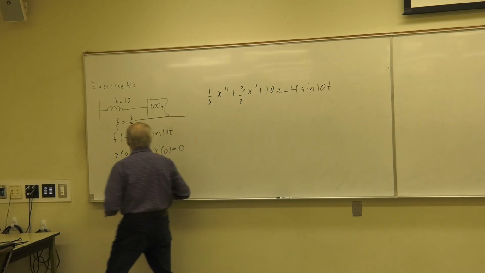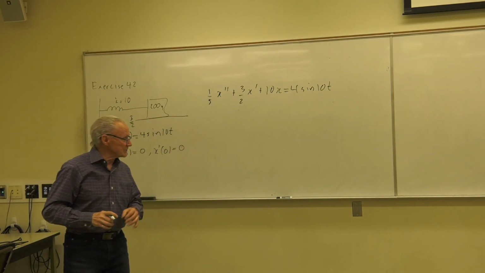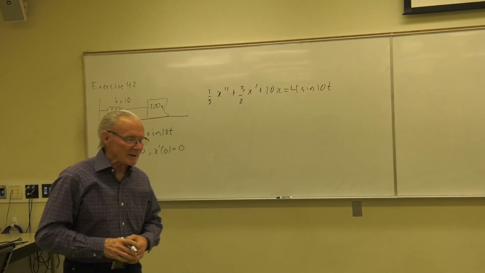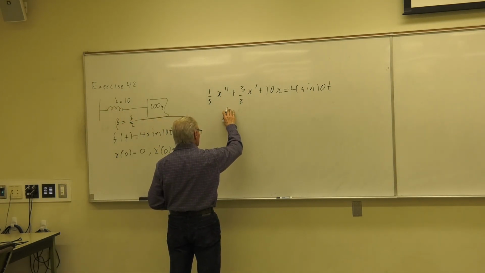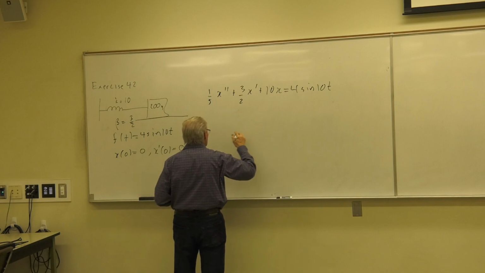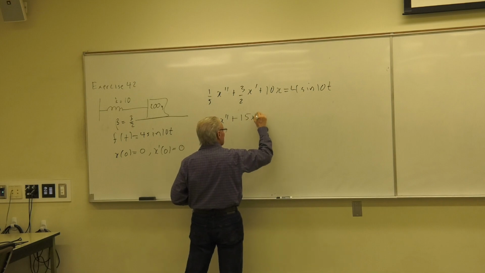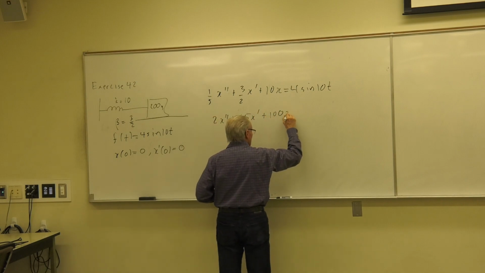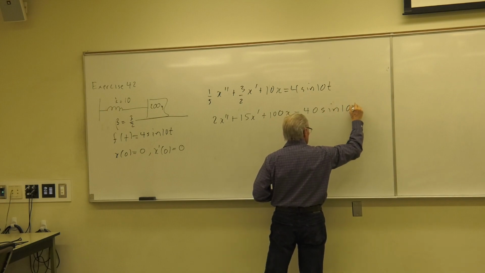That differential equation, subject to these two initial conditions, gives the position of the mass at any given time. I would suggest that we clear the fractions here and multiply by 10: 2x double prime plus 15x prime plus 100x equals 40 sine 10t.